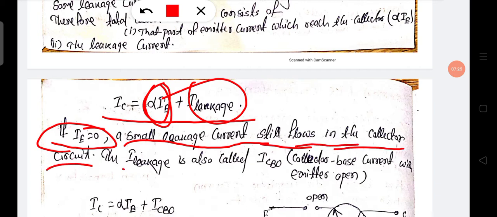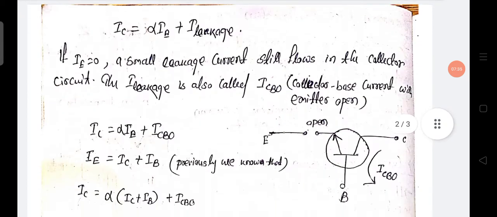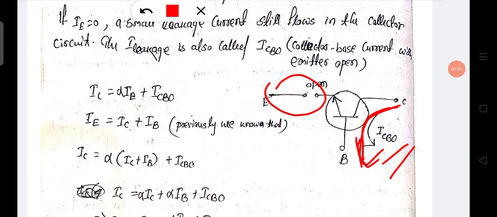This leakage current is called ICBO, the collector-base current with emitter open. So IC equals alpha IE plus ICBO.